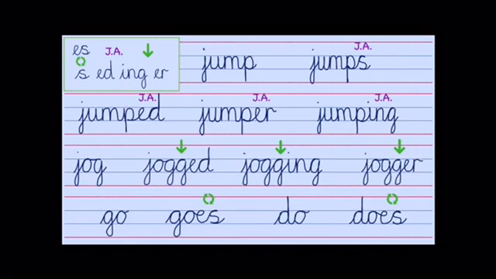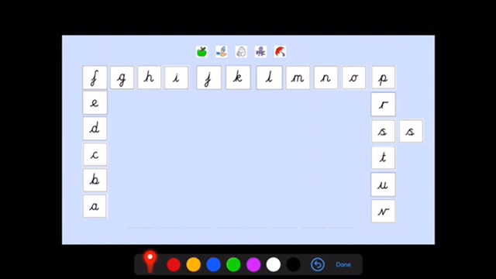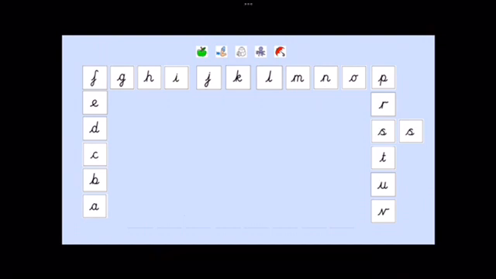Great work. Now it's time to get the letters out. We have included the letter J in our alphabet. And our first word is jag. Which letter will we need? J. I need the letter J. A. I need the A. G. I need the G. Jag.